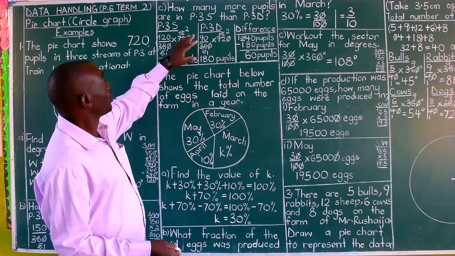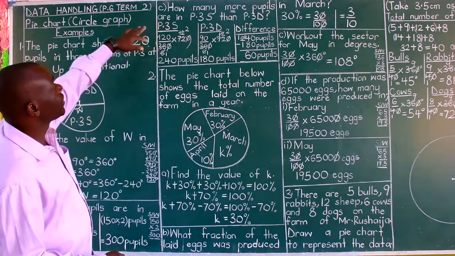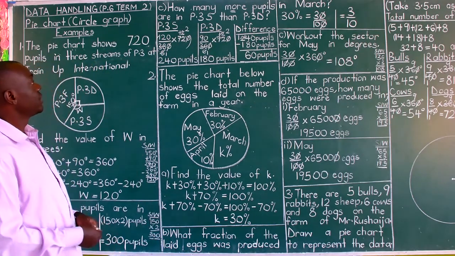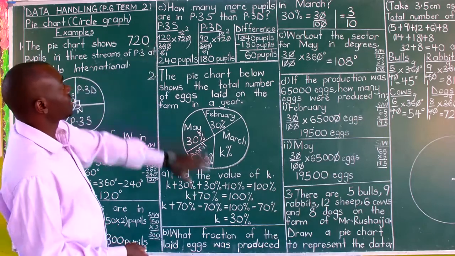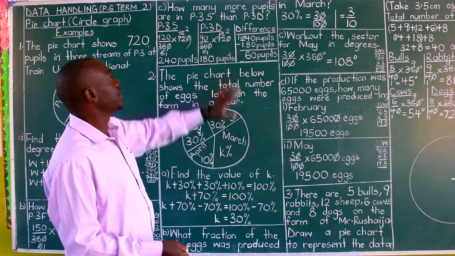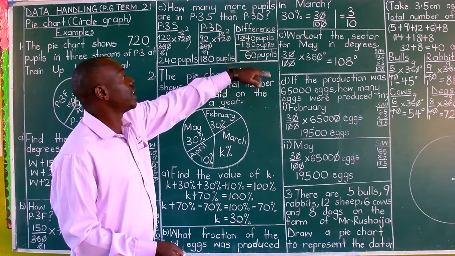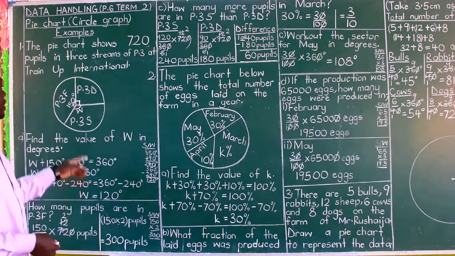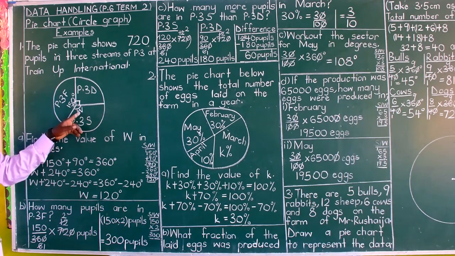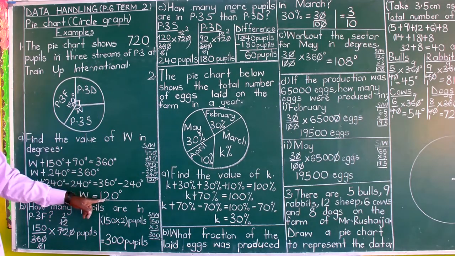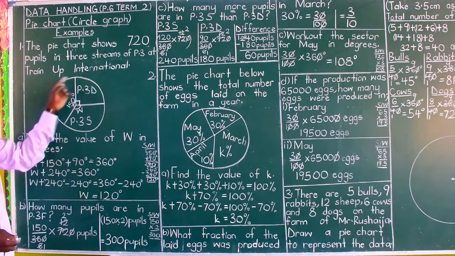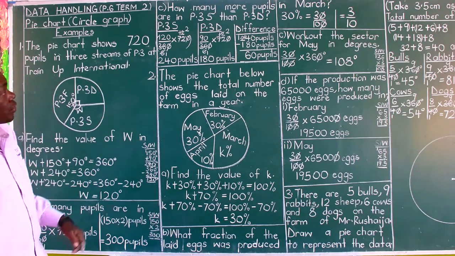Likewise here. So how many more pupils are in P3S than P3D? So you get the pupils in P3S, get the number of pupils in P3D, and later subtract, get their difference. So we go to P3 Success. It's the one with a value of 120.